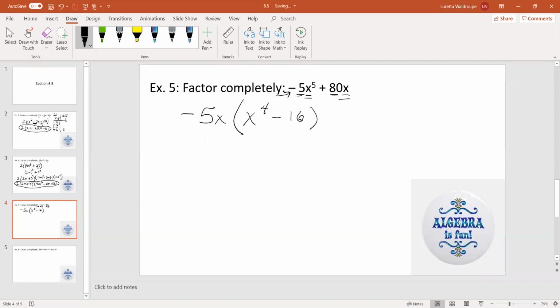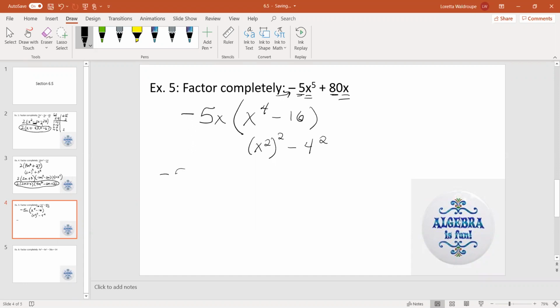So is x to the 4th a perfect square or a perfect cube? Well, 4 is divisible by 2, so it's a perfect square. So what do we square to get x to the 4th? Remember, we divide the 4 in half and get 2. What do we square to get 16? Again, if you're not sure, go to your calculator and do the square root.